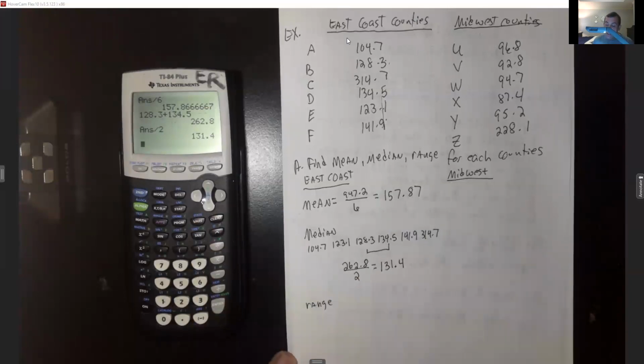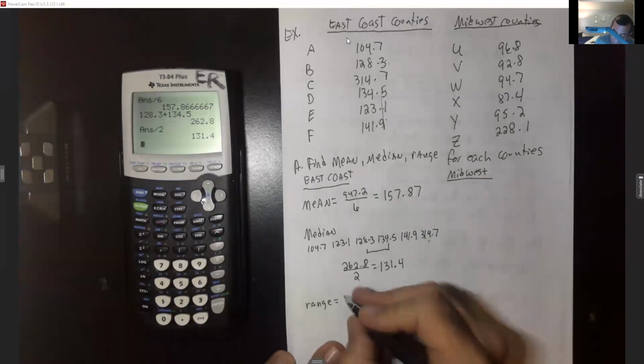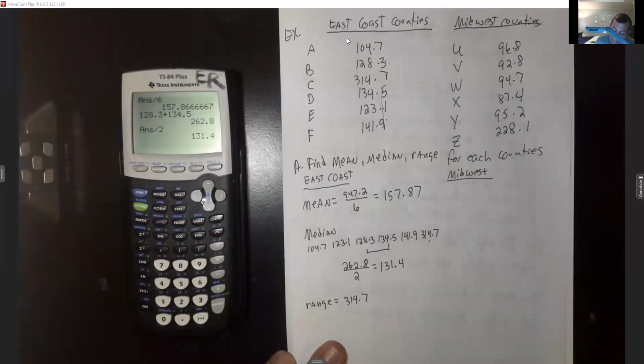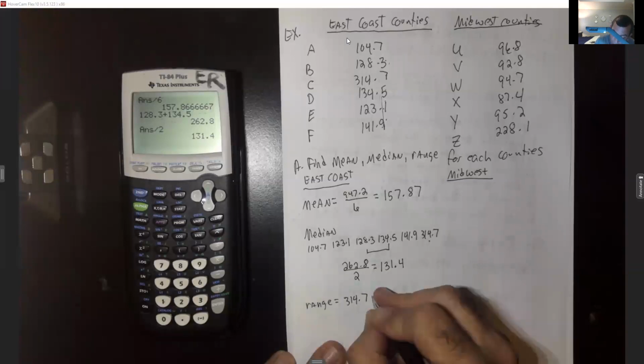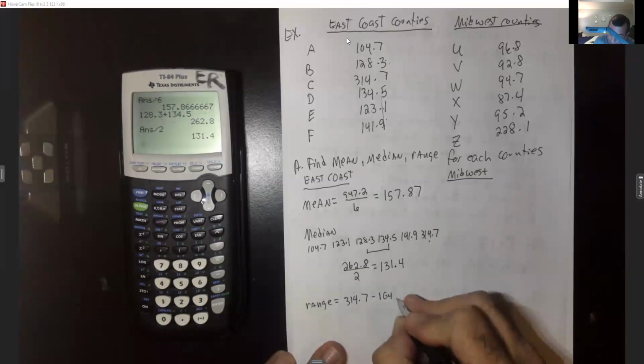The range is the difference between the highest data point and the lowest data point. So since I put them in order here, my highest data point is 314.7 minus my smallest data point, which is 104.7.